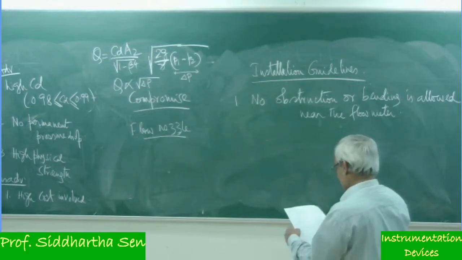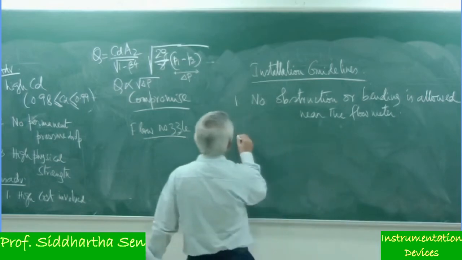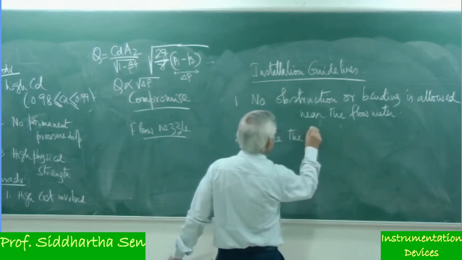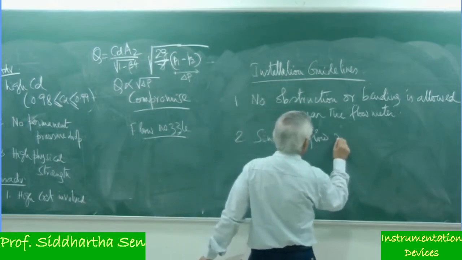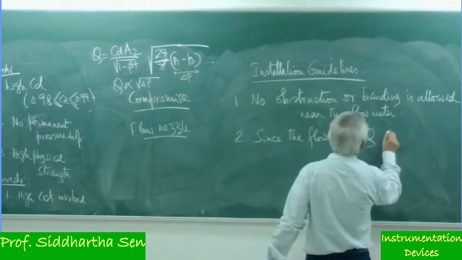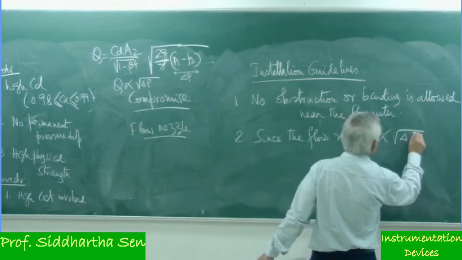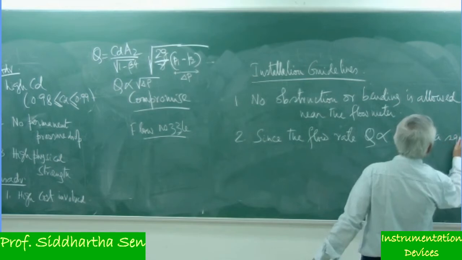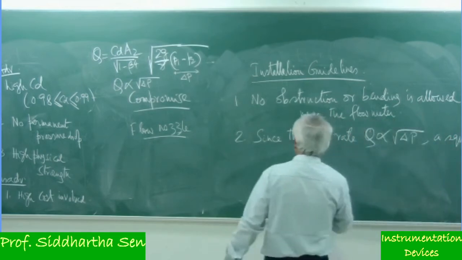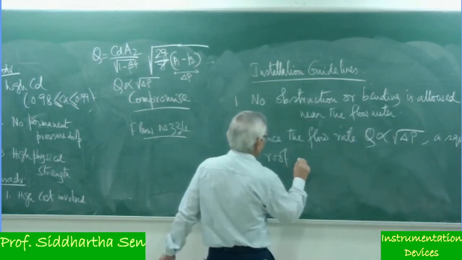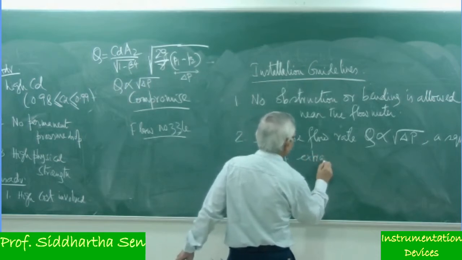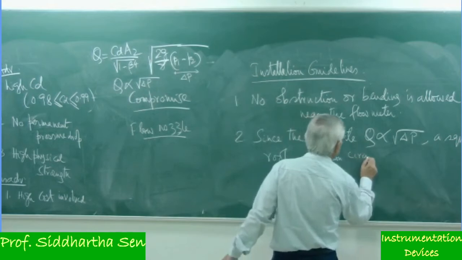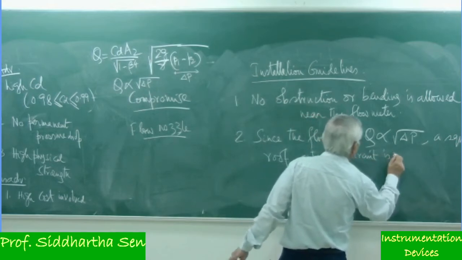So as a result, since the flow rate Q is proportional to the square root of delta P, a square root extraction circuit is needed.